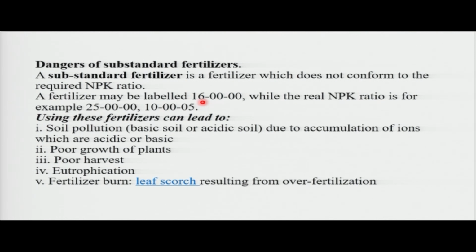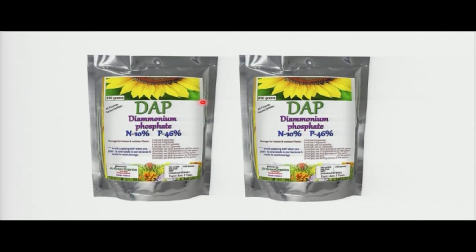If you are somebody who is in charge of making fertilizers, then you should know the amount of phosphorus in your phosphorus fertilizer. For example, if you've mixed DAP, you should know the amount of phosphorus which is there. Like this time here, the amount of phosphorus which is there is 46.